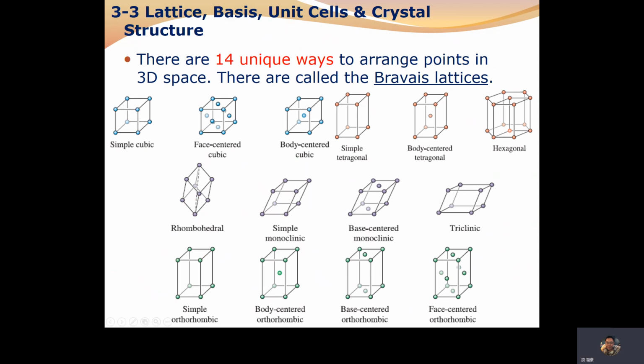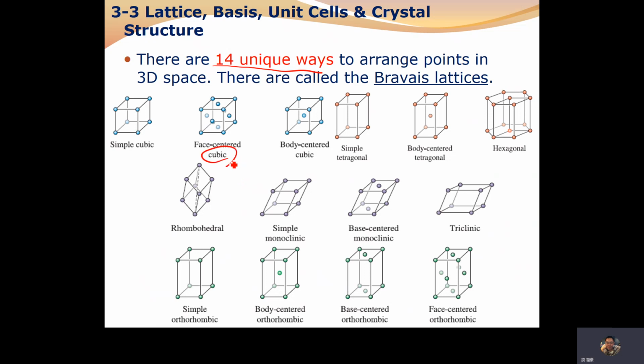In 3D structure, there are 14 unique ways to arrange points in 3D space. They are called the Bravais lattices. Those 14 unique ways fall into seven structure systems.